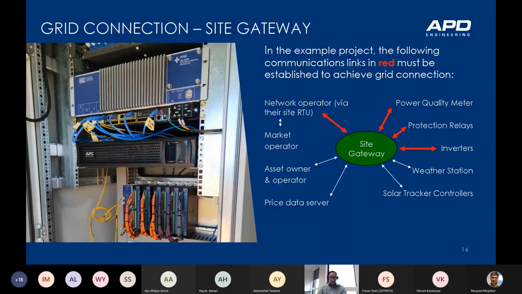Communications to the network operator site ITU is a must, as are power quality meters, protection relays, inverters, etc. They must be established and fully functioning so that you can achieve grid connection. So I hope that's clear.